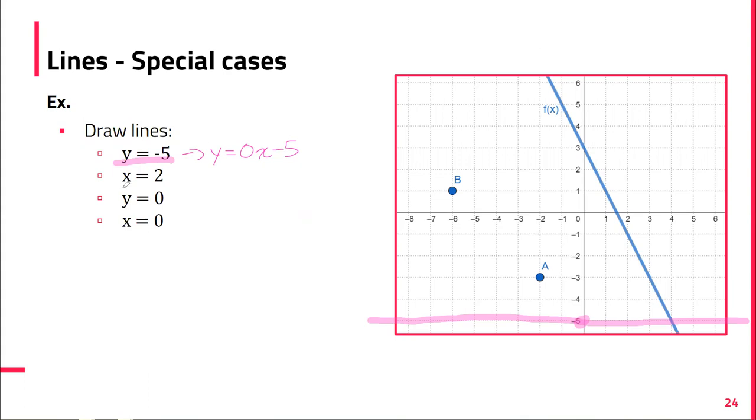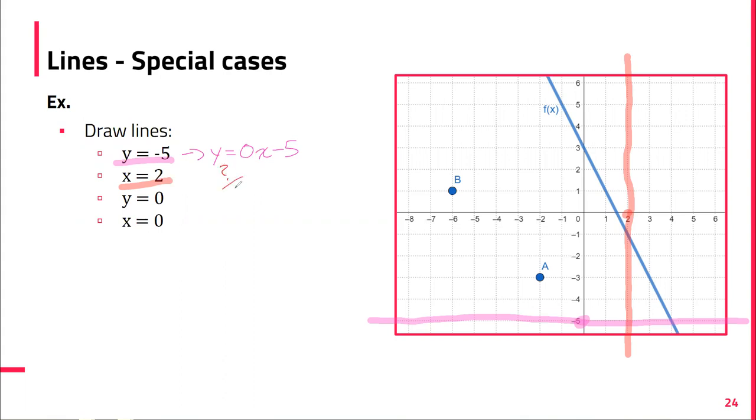The next one, x equals 2. What can we do here? Same idea. We find 2 on our x-axis, but then we draw a perfectly vertical line parallel to our y-axis. If we were to try to turn this into a regular equation like y equals mx plus b, we would see that we have a division by 0 problem.